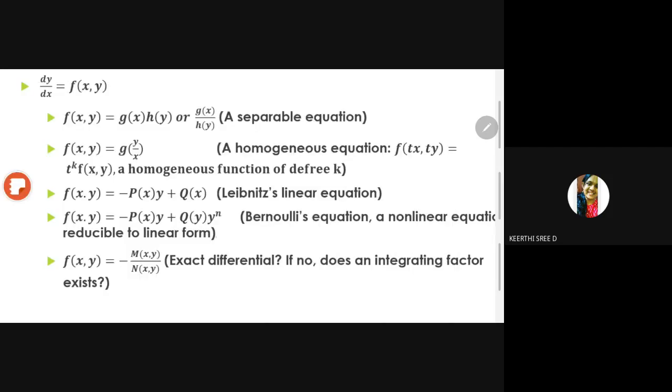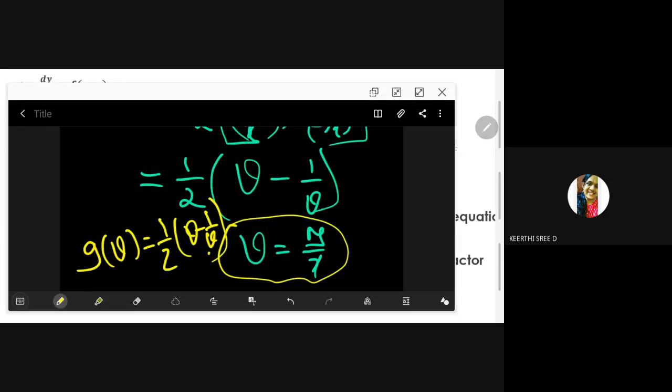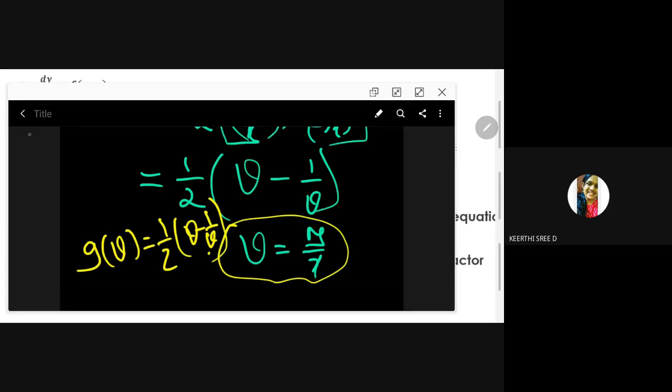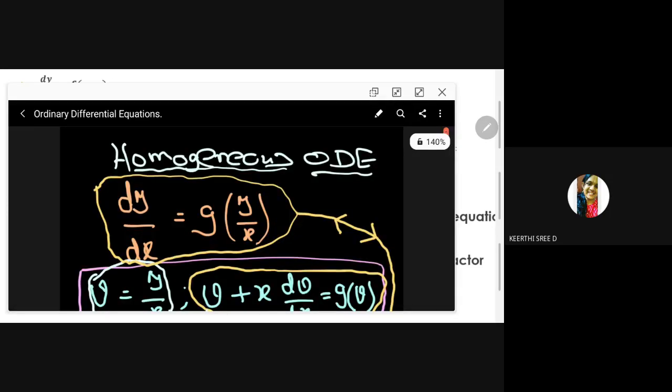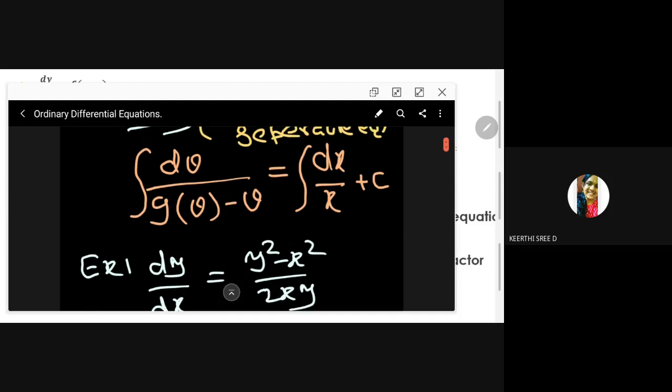What we need to do here, directly you can go to here: z of v minus v is equal to dx by x. You can remember this formula and straight away write the answer.